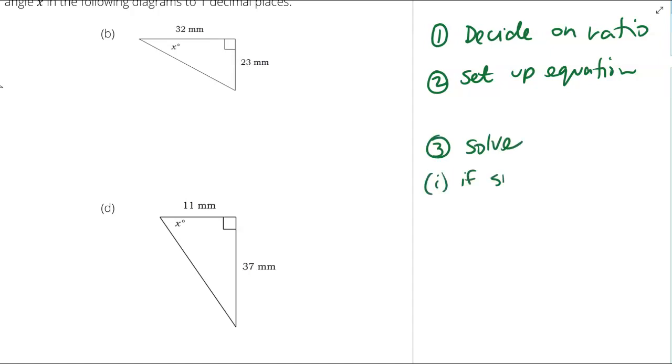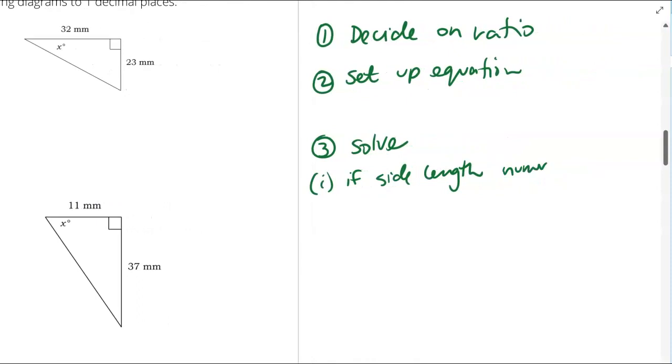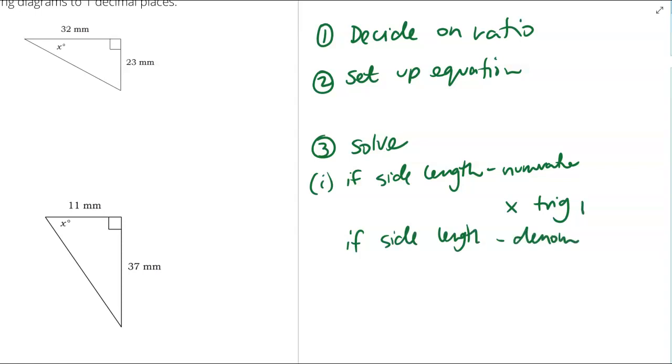So if it's a side length and numerator, then you need to multiply by the trig part. If the side length is the denominator, I don't know if this is helpful, but you divide by the trig part. I don't want you to memorise processes.